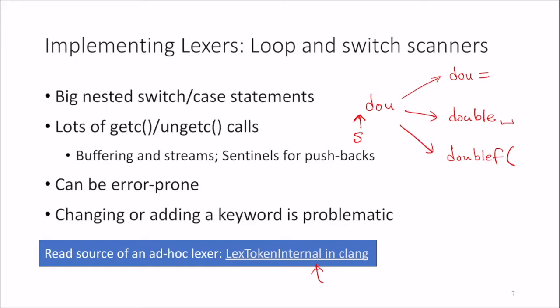So I want you to take a look and see how easy it is to understand or how hard. And the mental exercise I would like you to do there is to see, if you wanted to modify it, if you wanted to change the definition of an identifier slightly, then where would you change this code? Can you actually figure out where in this code you would change things to improve the lexical analyzer?